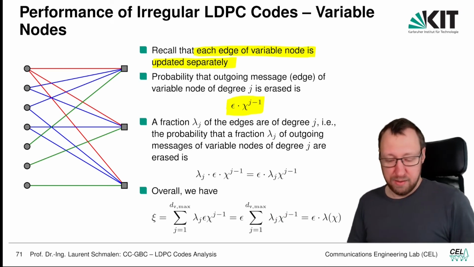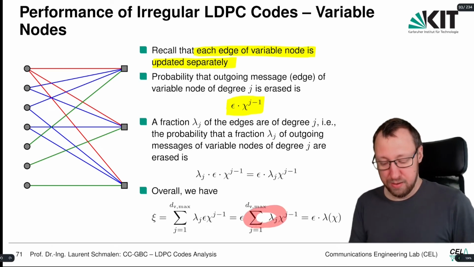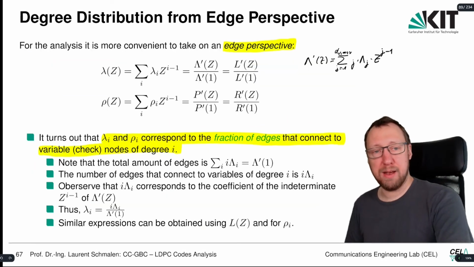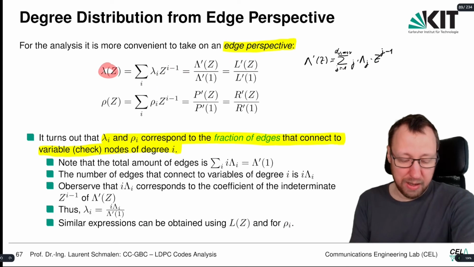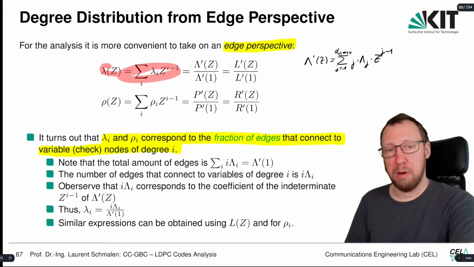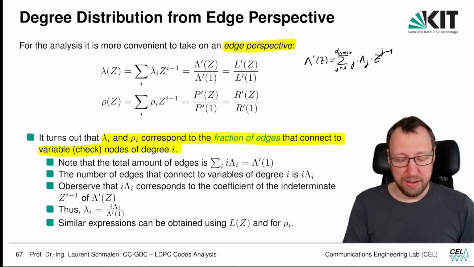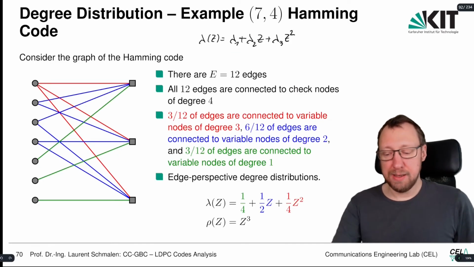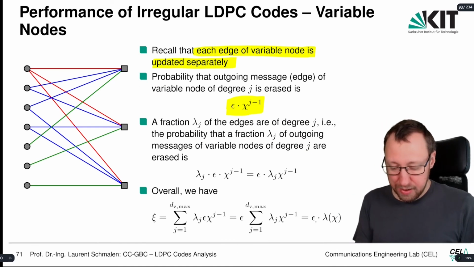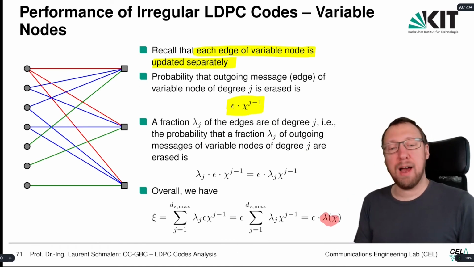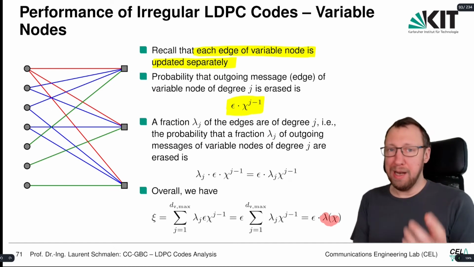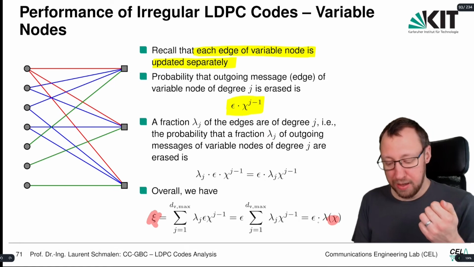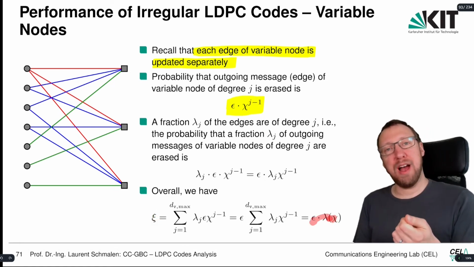And this looks fairly known. This looks just like our lambda of z, but not evaluated at z, but evaluated at chi. So this is equal to epsilon times lambda evaluated at chi. So we get the probability that an outgoing message is erased, xi, is equal to epsilon times lambda of chi.